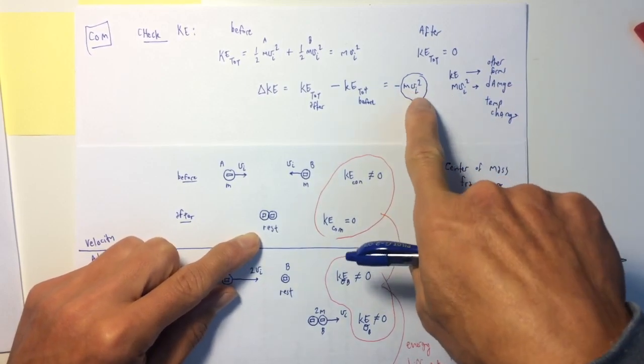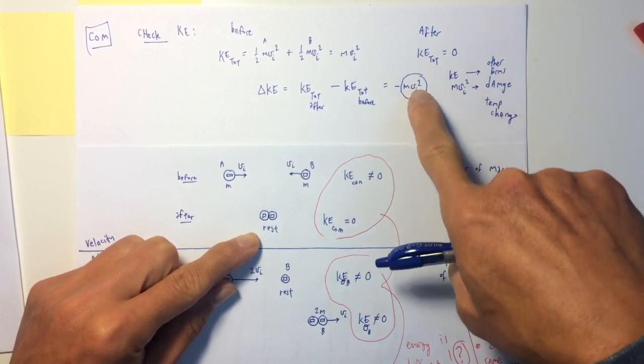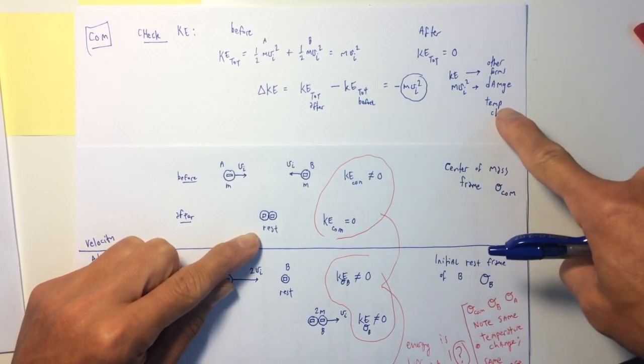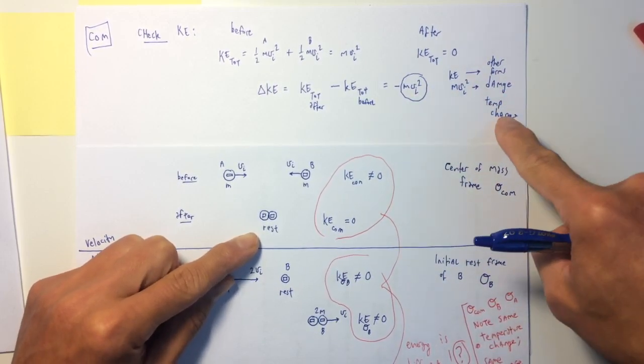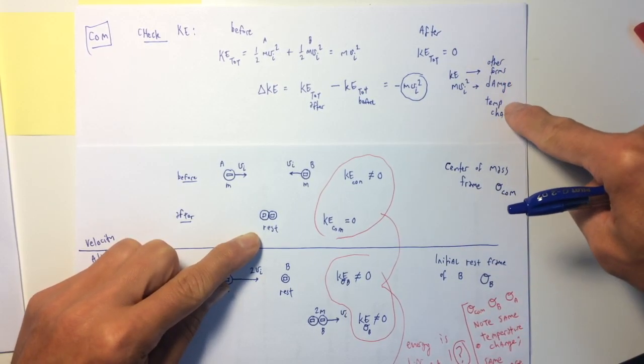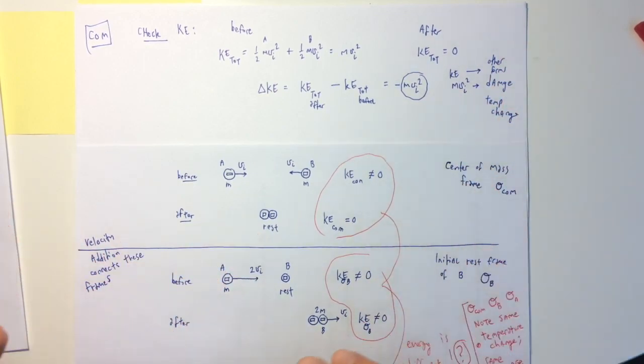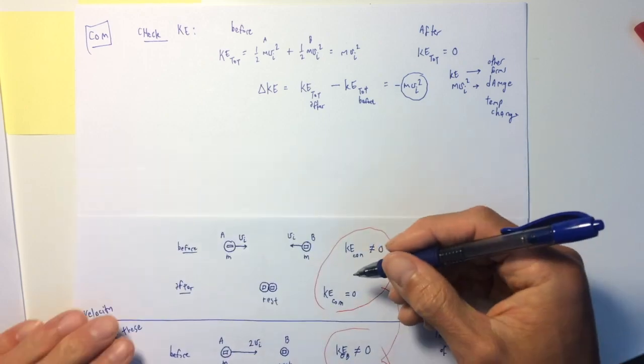So some fraction of this is associated with damage, and the remaining fraction is associated with temperature change. And that's what's meant by the conservation of energy. So the energy changed forms, but the point is the total amount of energy doesn't change. It just got converted.